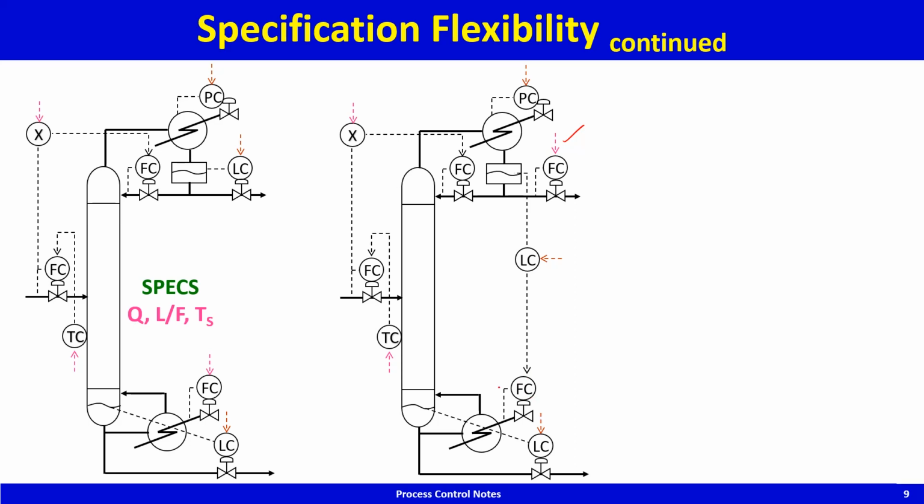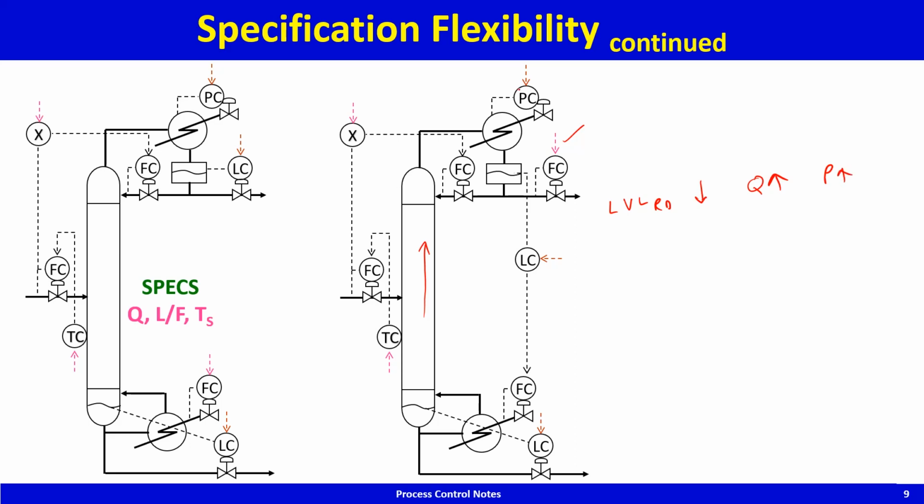And how this works is, let's say the level of the reflux drum goes down. Then this level controller causes Q to increase, and as Q is increased, you get more vapor going up, which pressurizes the column, and therefore the pressure increases.